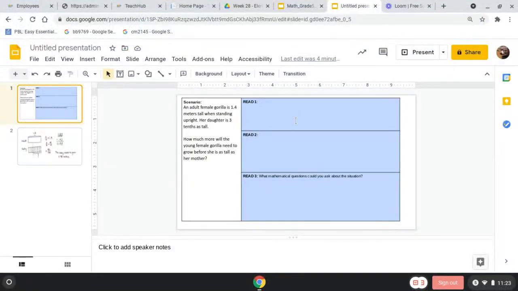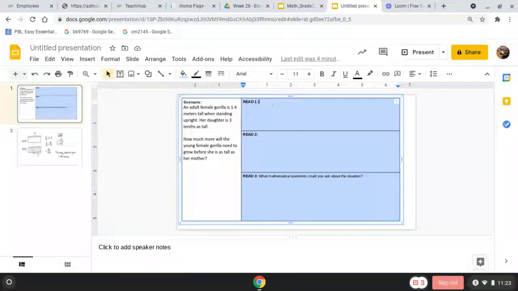Okay, so let's talk about it. An adult female gorilla is 1 4/10 meters tall when standing upright. Her daughter is 3/10 as tall. So the situation that's occurring here is that we have two gorillas. We have an adult gorilla and a daughter gorilla, who obviously must be the baby.